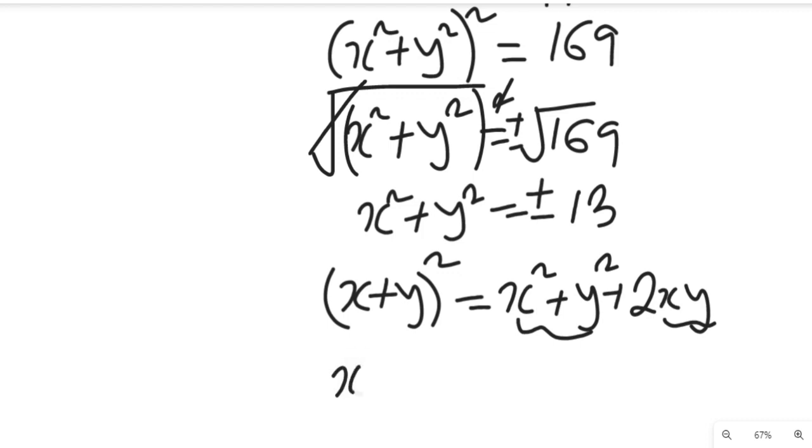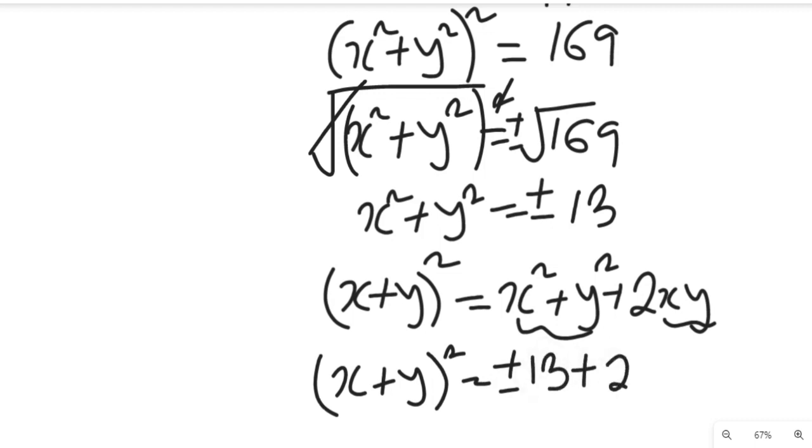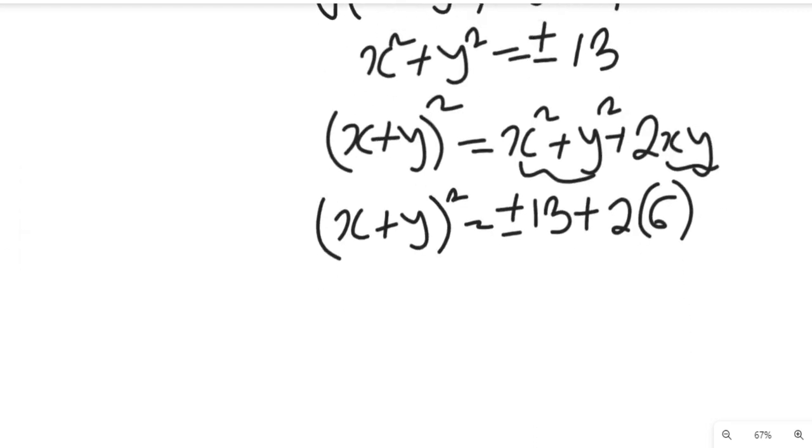So our (x plus y) all squared will be equal to plus or minus 13 plus 2 times 6. And 2 times 6 will give us 12. So that expression will give us plus or minus 13 plus 12.